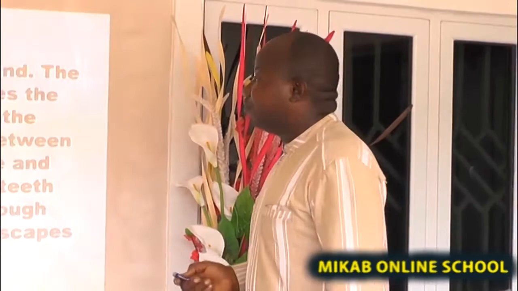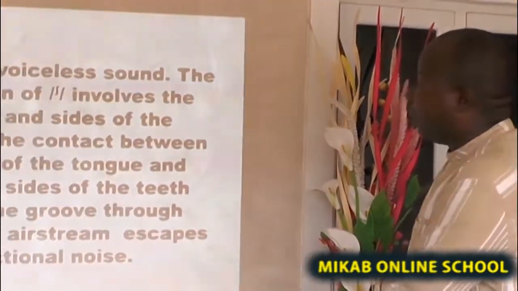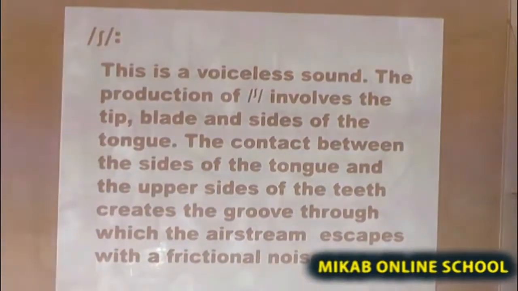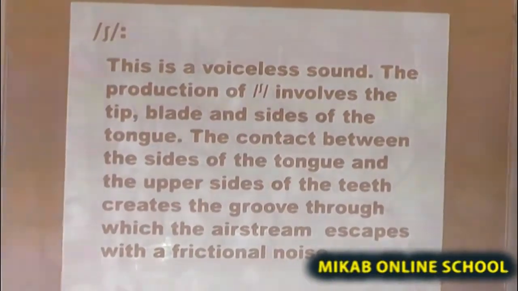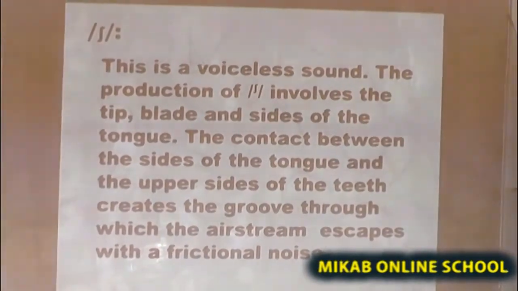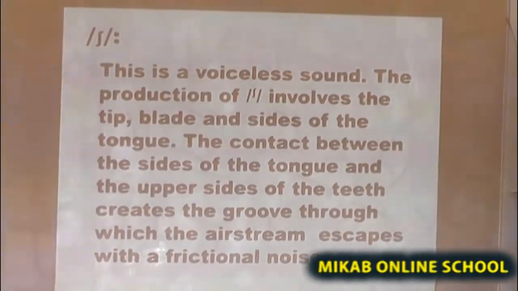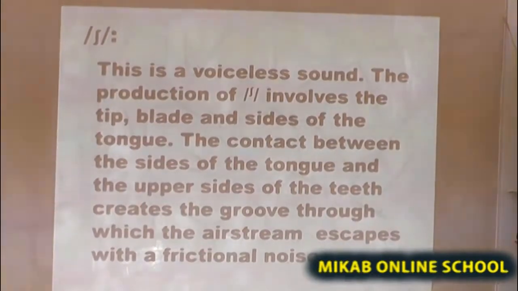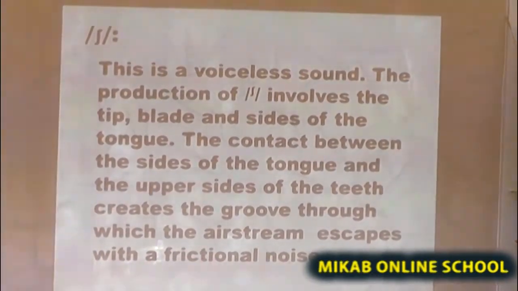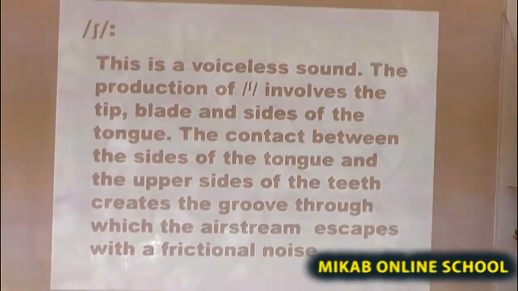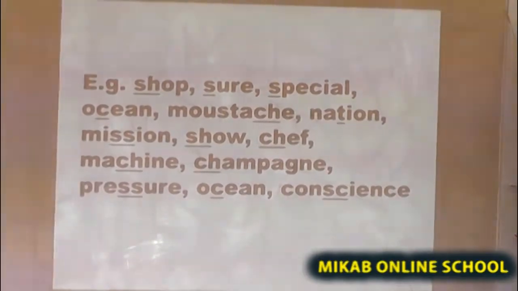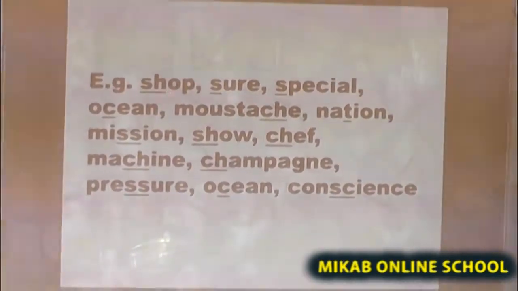Now, the production of this sound involves the tip, the blade, and the sides of our tongue. The contact created between the sides of the tongue and the upper sides of the teeth creates the groove through which the airstream escapes with a frictional noise. It's the sha sound. Look at the examples here.